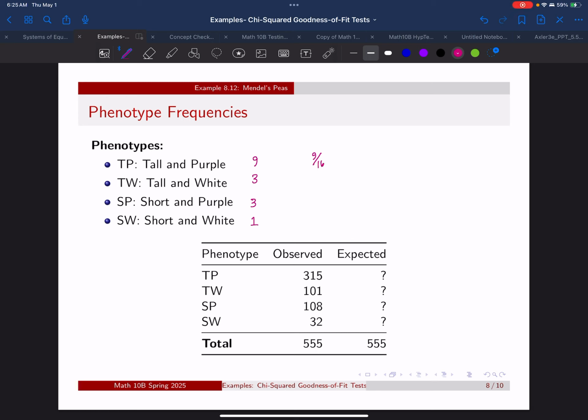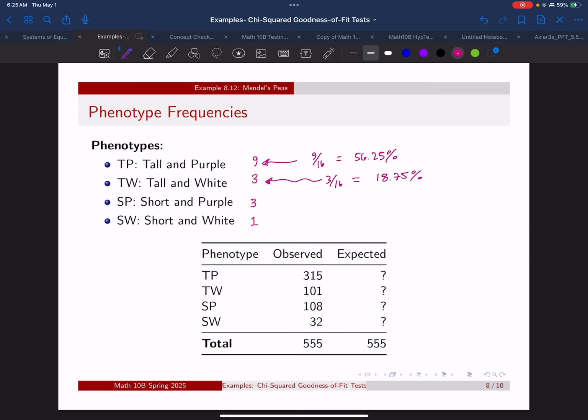So 56.25% should be purple. 3 out of 16 is 18.75%, which should be tall and white. 18.75% should be short and purple. And then 6.25% should be short and white.